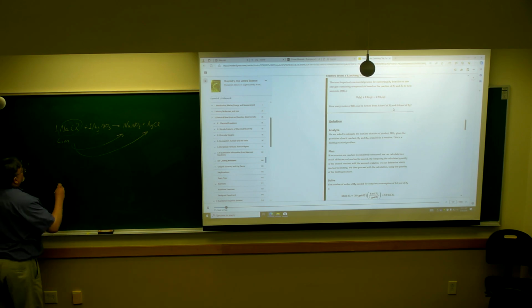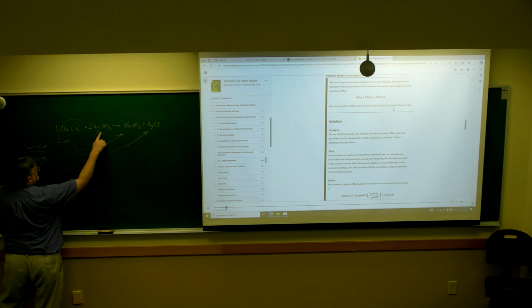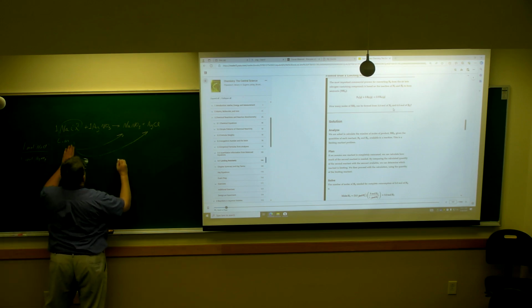Meaning, there are 6 relationships here. 1 mole of NaCl to 1 mole of AgNO3. So that's these two related to each other. And then there's this one related to this one. Let me write these out.